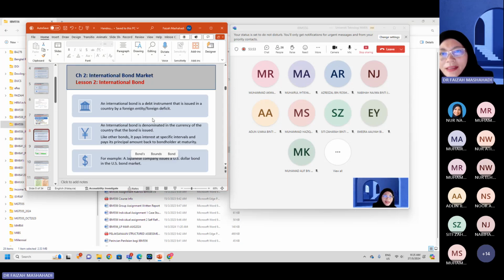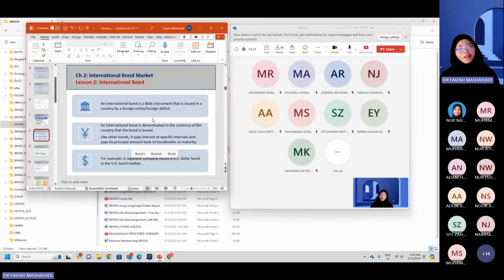Multinational corporation in Malaysia. McDonald. Adlim. MNC in Malaysia. Starbucks. Muhammad Haziq. MNC in Malaysia. Shell. Siti Zahara. MNC in Malaysia. Apple.